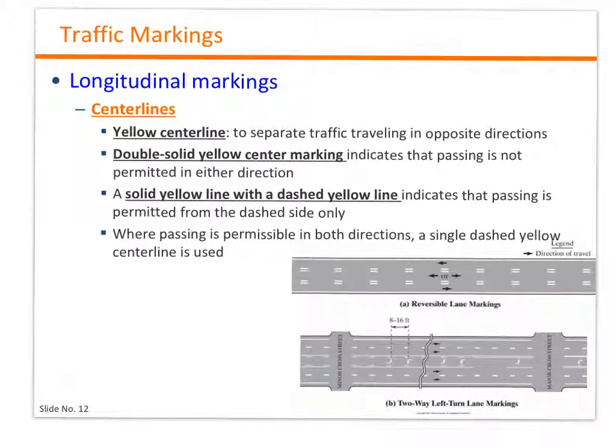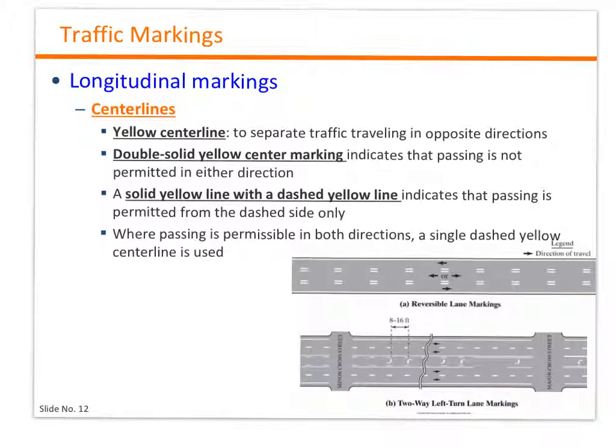So sometimes while you're traveling, you would see two lines. Both of them can be solid, or one can be solid with a dashed yellow line to indicate that passing is permitted for the dashed side only. Where passing is permissible in both directions, a single dashed yellow center line is used.